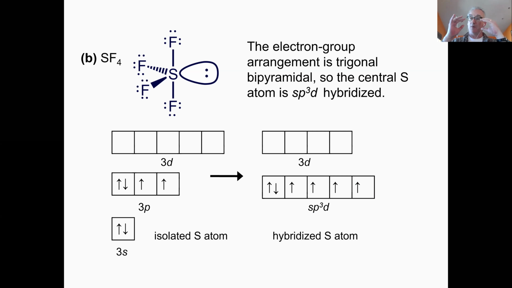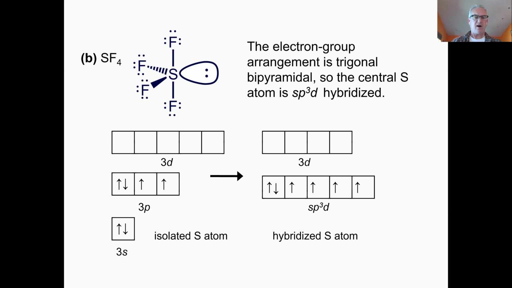Remember, one of the rules we learn when we're dealing with atomic orbitals, that electrons always fill up the lower energy orbitals first, right? And they fill up all the lower energy orbitals before they go to the next level. The same thing is true with hybridized, with the exception that we'll see soon of when you need to make pi bonds.